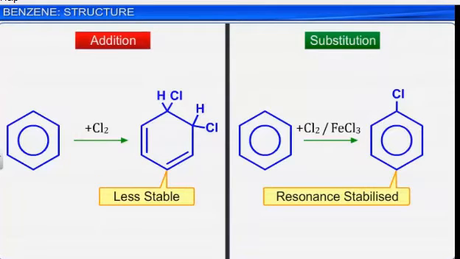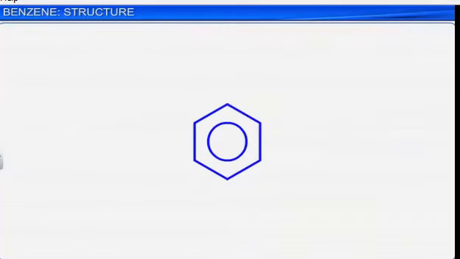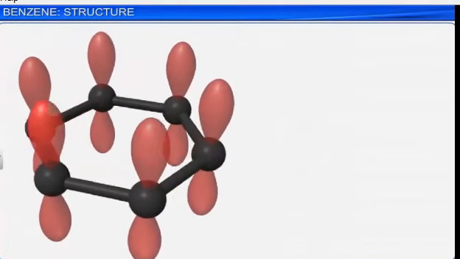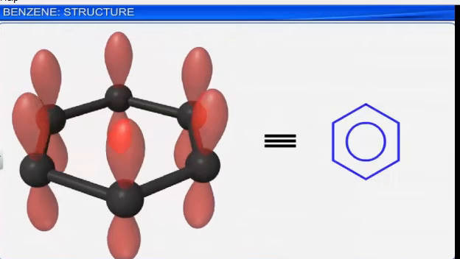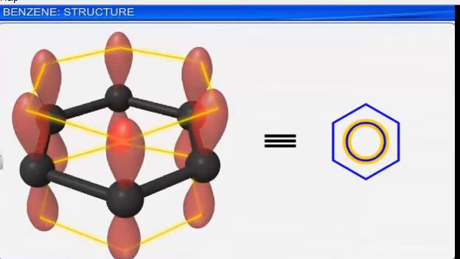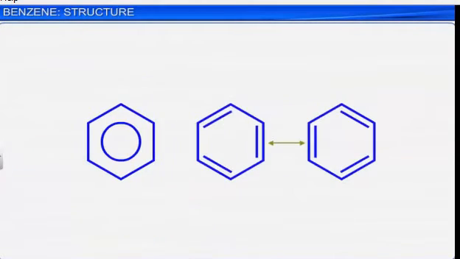The resonance hybrid of benzene explains the observed bond length. As is evident from the resonance hybrid of benzene, due to the continuous delocalization of the pi electrons between the carbon atoms, all carbon-carbon bonds are equal, and the carbon-carbon bond length in benzene is intermediate between a carbon-carbon single bond and a carbon-carbon double bond.